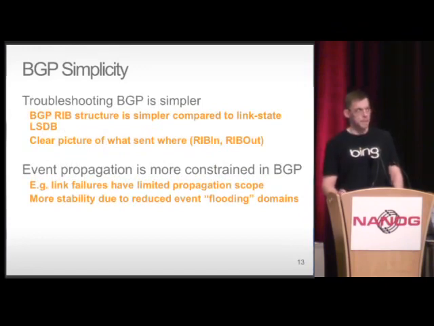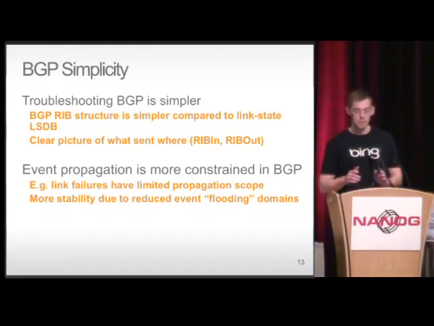Thirdly, trying to troubleshoot BGP is generally more simple. Basically, BGP has just a single local RIB table, and if you take OSPF or ISIS, you have a link state database, which has to be translated into the routing table using SPF calculations.